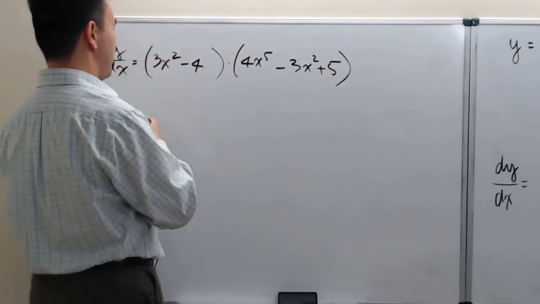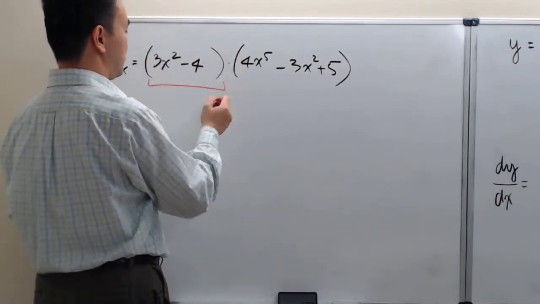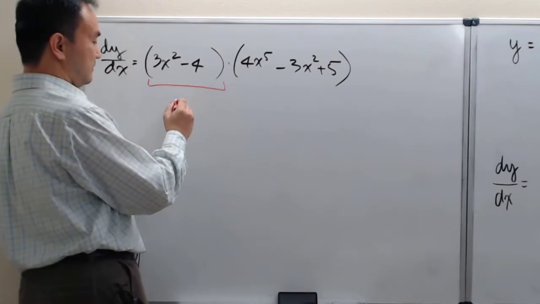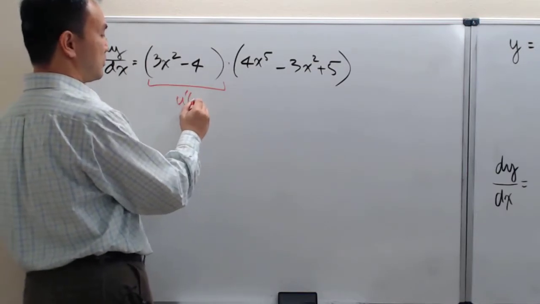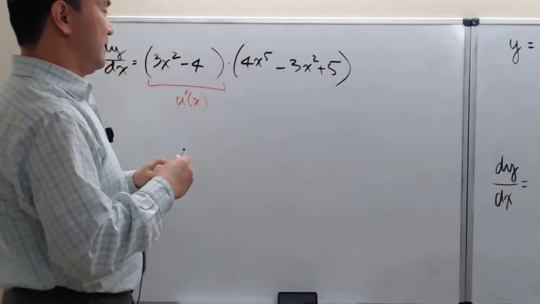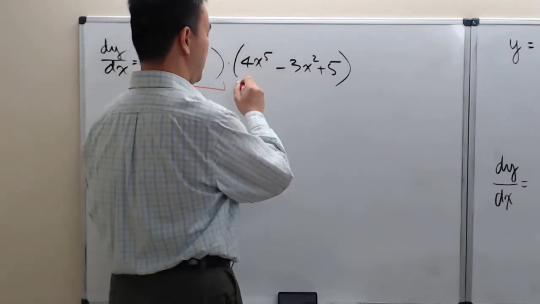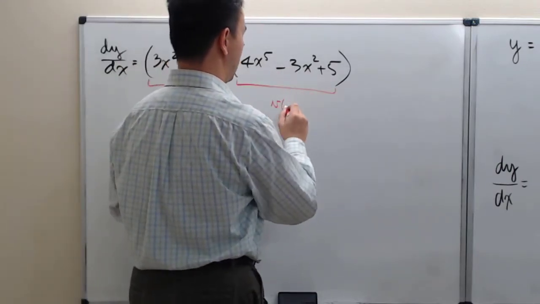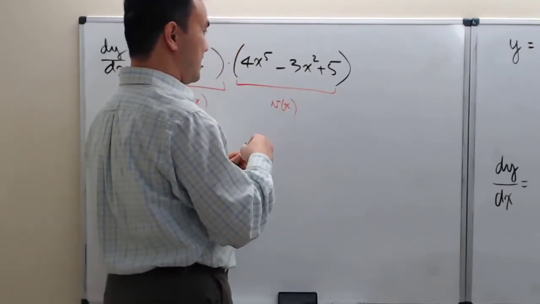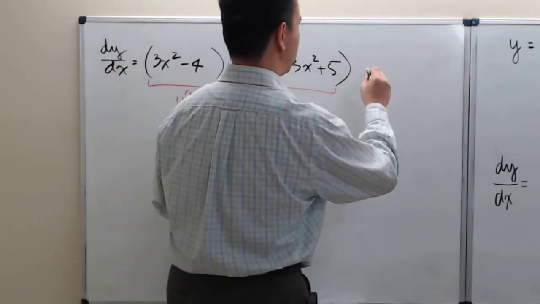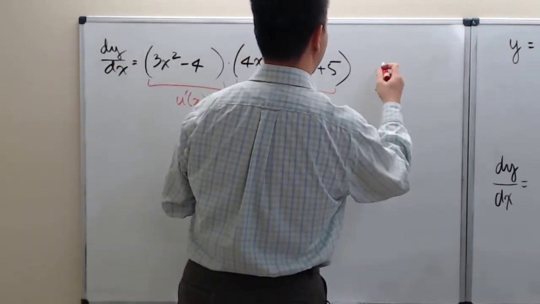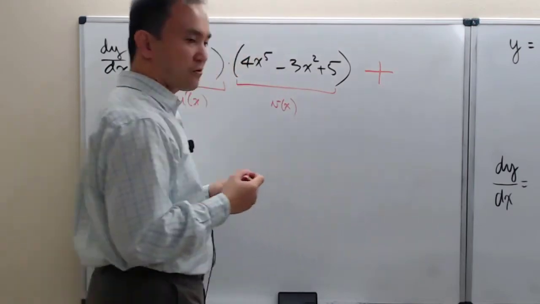So this is our outcome of the u prime from the previous step, and then this is v of x. Then I need to add, from the previous step, an addition problem right there.